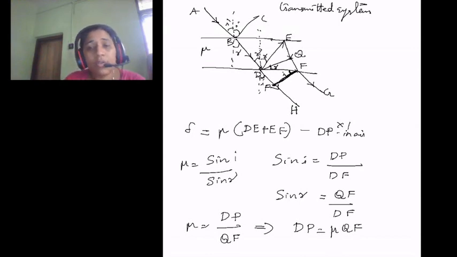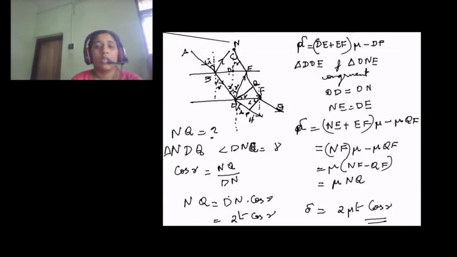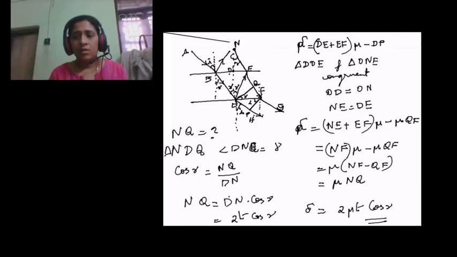Now we have to calculate the values of DE and EF, then we will substitute these in the equation. So we have calculated the value of DP. Then we have to calculate the value of DE and EF.